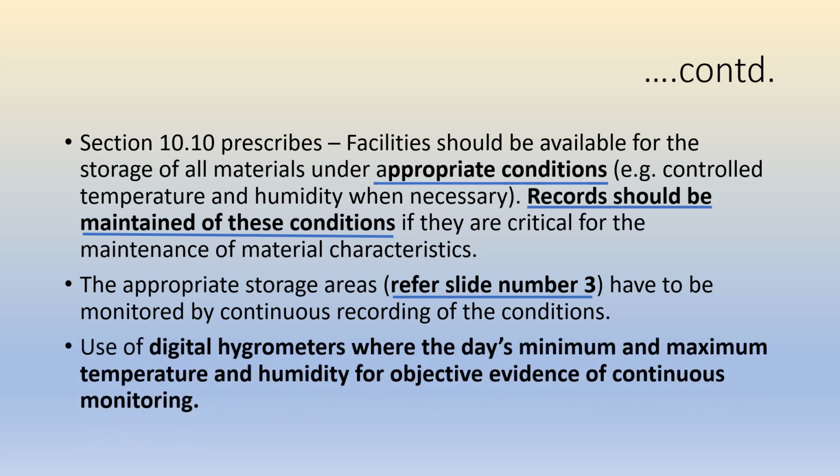Use of digital hygrometers, where the day's minimum and maximum temperature and humidity provide objective evidence of continuous monitoring, is required. So the design will provide the data on minimum and maximum temperatures and humidity conditions for one full cycle of one day.